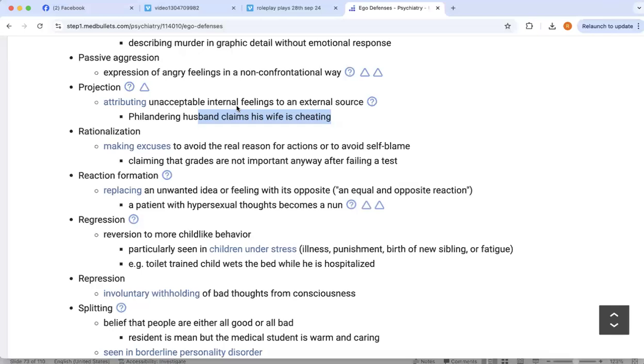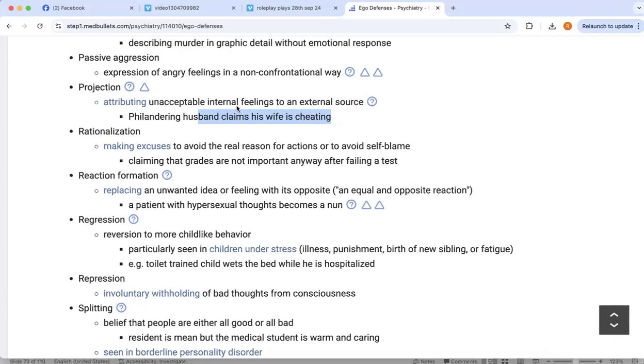You are not actually doing something wrong, like cheating with someone and then accusing someone for that. Displacement is basically that you are angry with something and you displace the angry feeling to someone else.